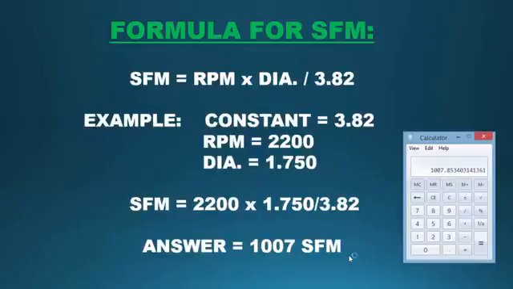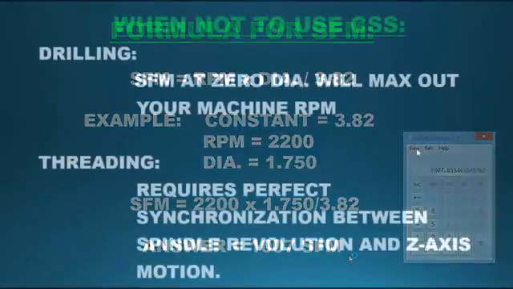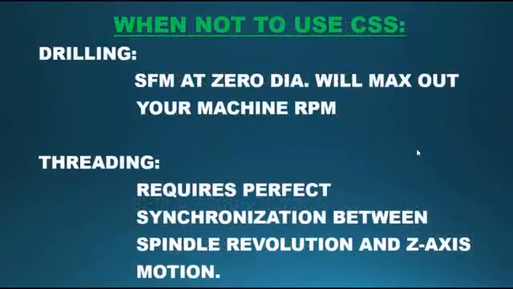These are a couple of formulas that will come in handy for calculating your feeds and speeds when writing a program. Let's talk about one more thing, and it is when not to use constant surface speed. There are a couple of operations where you do not want to consider constant surface speed. One of them would be drilling, because the RPM would max out because you are drilling at 0 diameter.